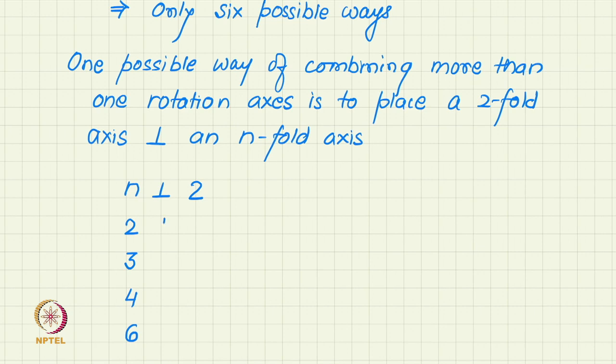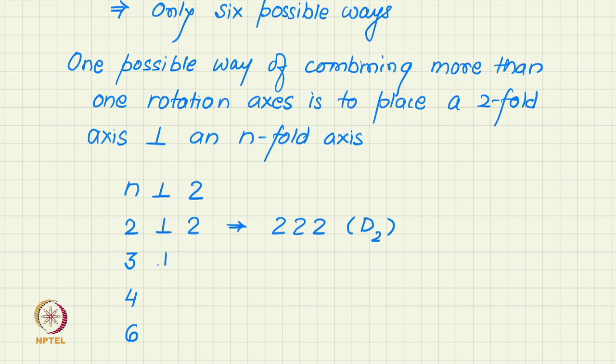So, if you place a two-fold axis perpendicular to another two-fold axis, you generate a point group which is designated as 2 2 2 in the Hermann-Mauguin notation, and it is called D2 in the Schoenflies notation.